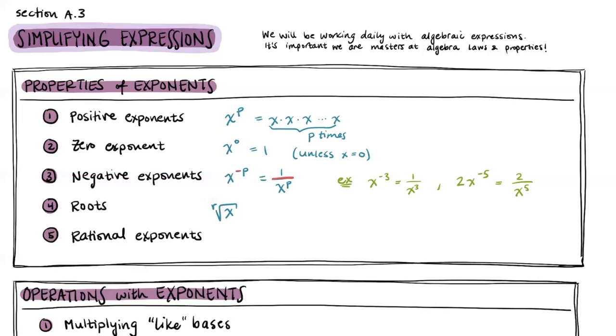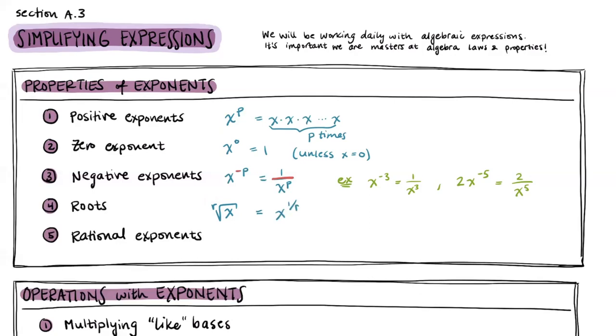This notation can get a little clunky, and there's actually another shorthand way that we can represent this. This is where we get into fractional exponents. So the rth root of x can be rewritten as x to the 1 over r power.